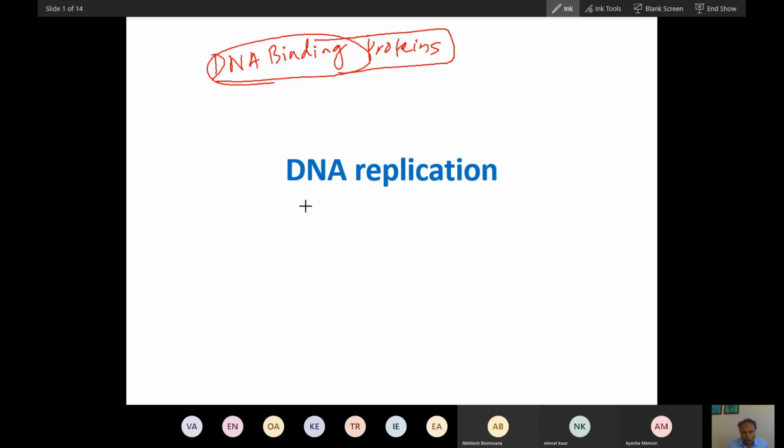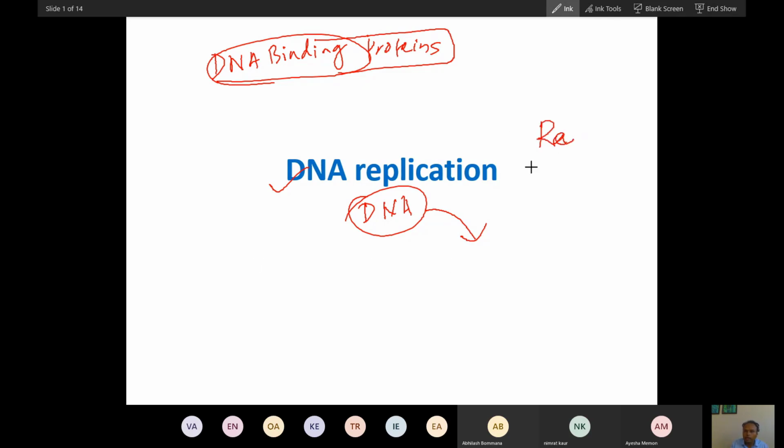So let's talk today about DNA replication. So what is DNA replication? Anybody? DNA to DNA. DNA dividing into 2. So DNA to DNA, then this DNA will double. DNA replication is the process of DNA duplication. The result is duplication.